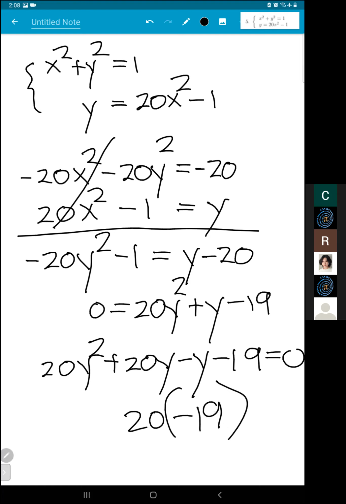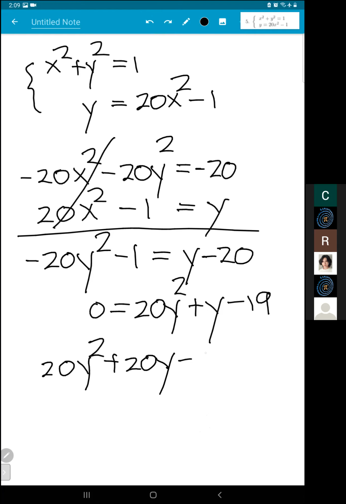Grouping kasi ito eh. So notice y is this one. Or you can just use the quadratic formula.